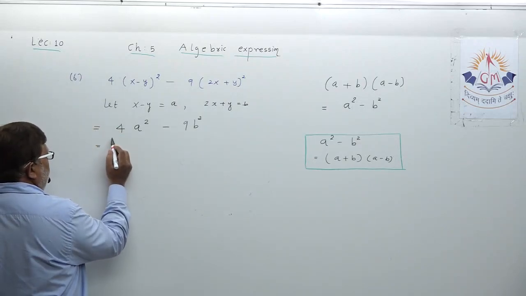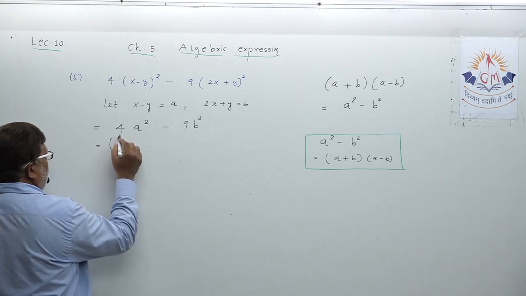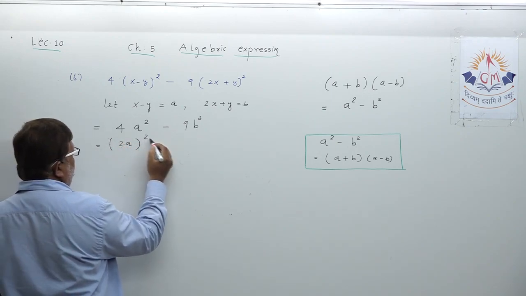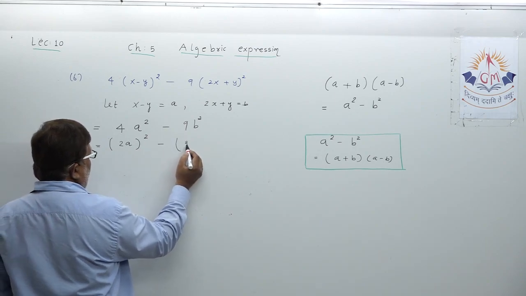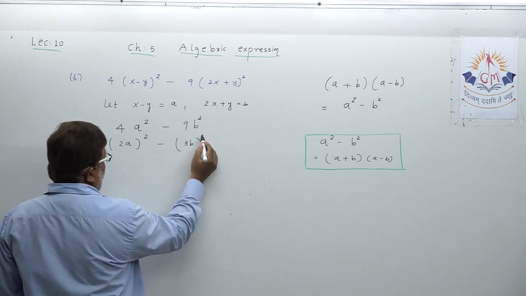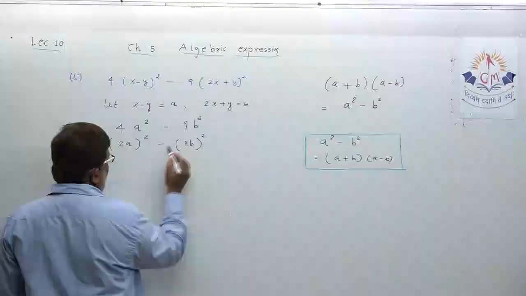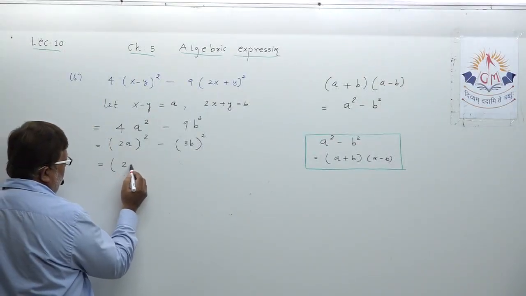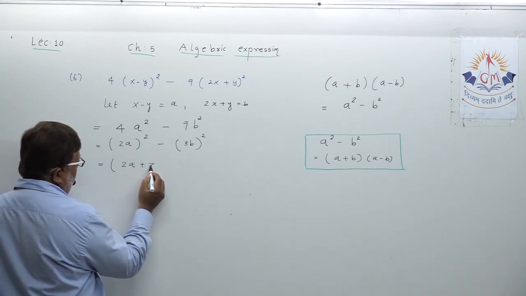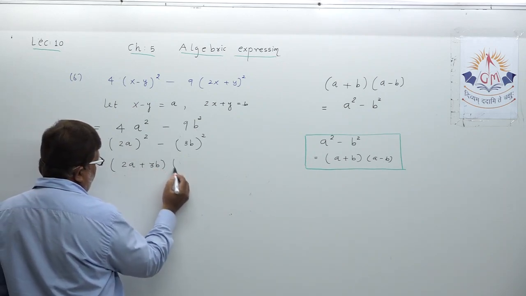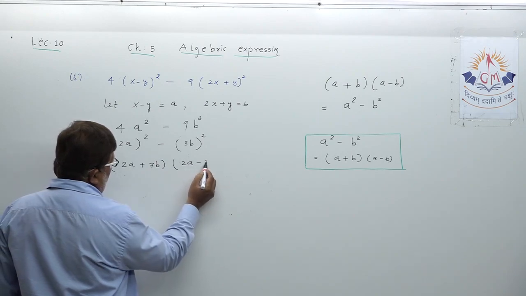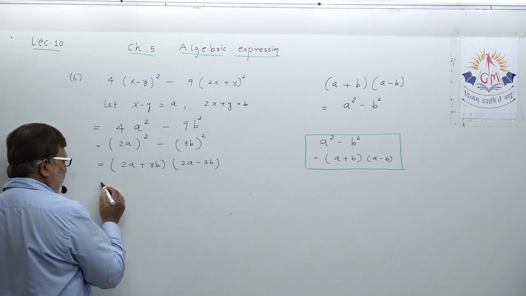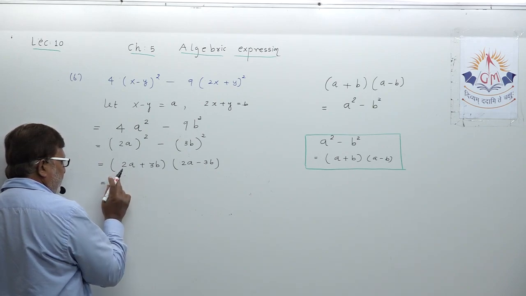Let us express in the format: square root of this, 2a whole square, square root of this, 3b whole square. One time plus, one time minus: 2a plus 3b, 2a minus 3b.